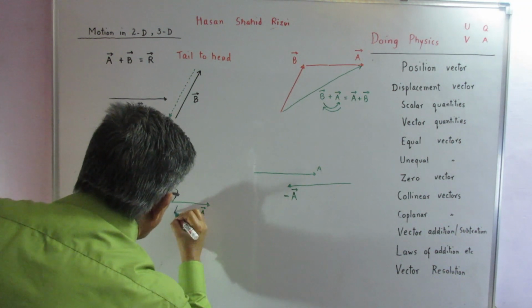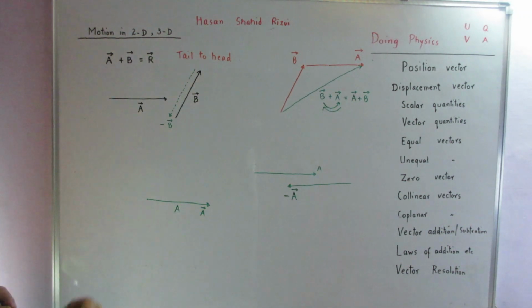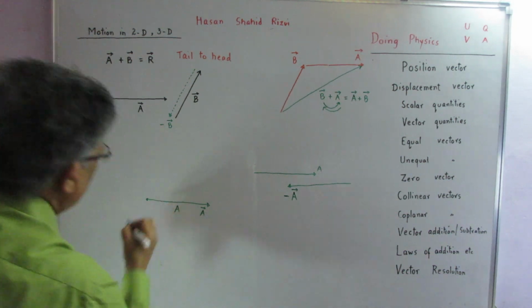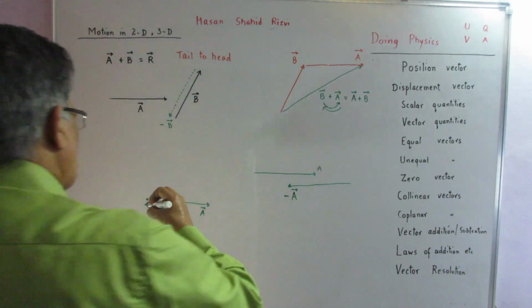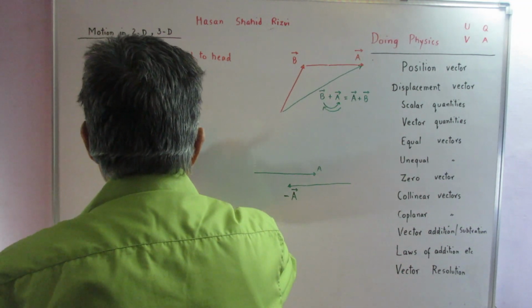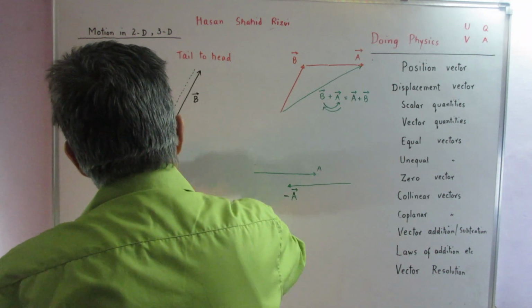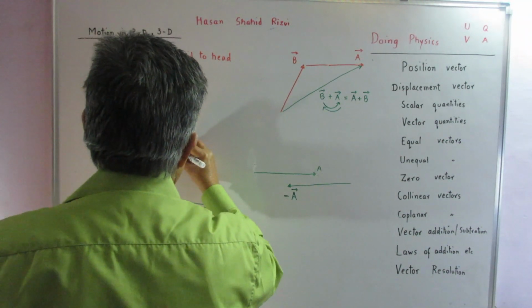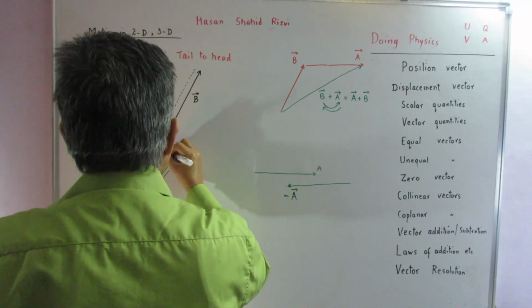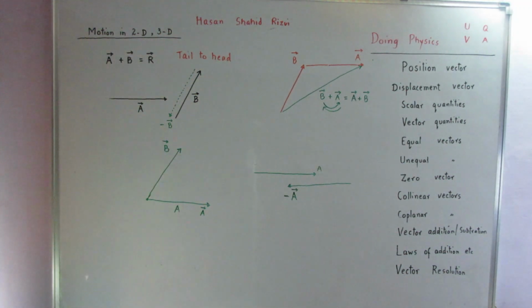And if I say that the magnitude of this vector is A, allow me to write this over here. And then from the same point, I shift this vector B to the same point, and I obtain the vector B here, parallel to the original vector B, and I get the two adjacent lines which make a triangle over here.